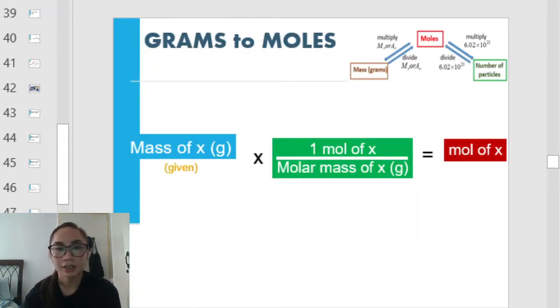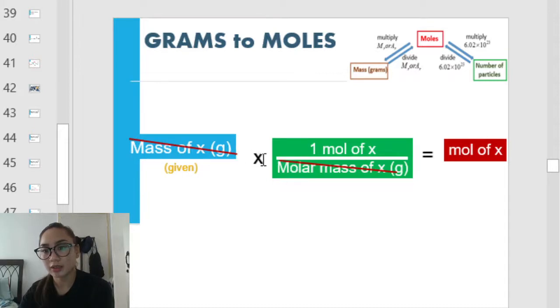Okay, so here we have the equation. Mass of whatever the given is. To continue looking at the equation, we will cancel out our mass in grams, because what we are looking for is the mole.